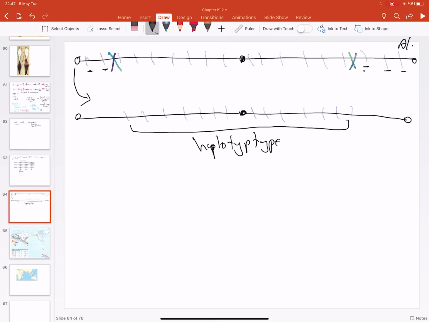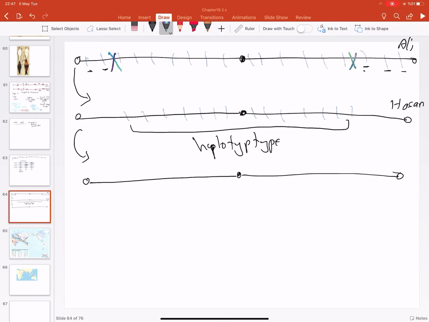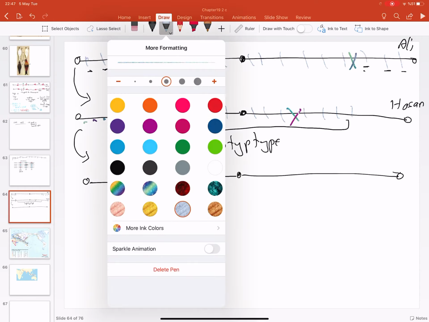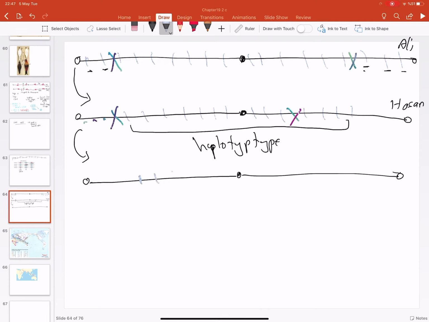This is Ali, maybe this is his son Hassan. Okay, and imagine that Hassan is also having a child. Again, he's having crossing overs. Again, he has a crossing over here, but because the SNPs in this part are gone, we don't care. And then he has another crossing over here, which happens totally randomly. The haplotype block will get smaller, from here to here.